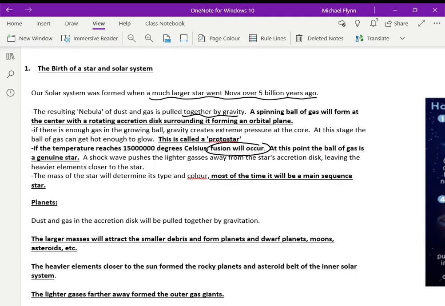Now, when that first starts in the sun, it starts a chain reaction, and a shock wave will travel out into the solar system. That's actually really important. Okay. So now that it's a genuine star, the shock wave pushes the lighter gases away from the star's accretion disk further out, leaving heavier elements like iron and nickel and so on closer in. That's important for later, when we talk about the formation of planets.